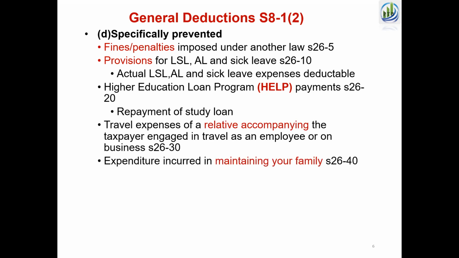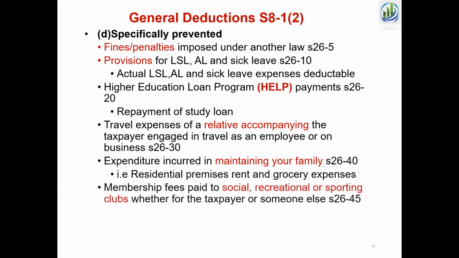Expenditure maintaining your family, as I said, your rent, your home mortgage, your Woolworths bills, and your clothing bills, everything will be private in nature and cannot be deductible from your income tax. The membership fees you paid for social or recreational or sporting clubs cannot be deductible.